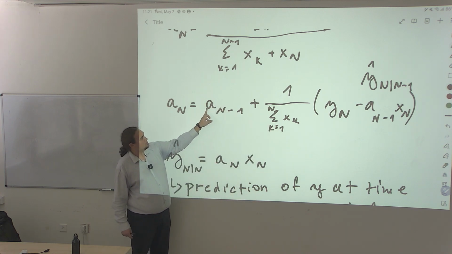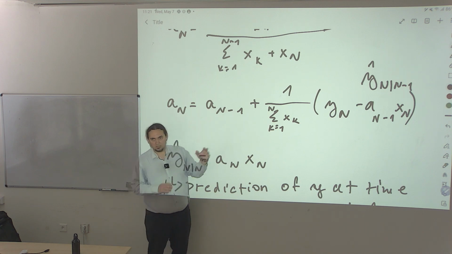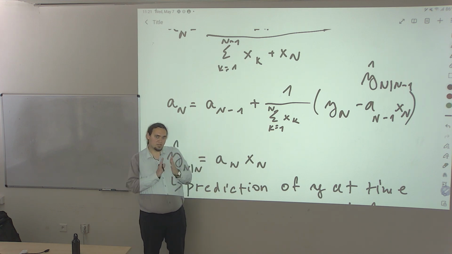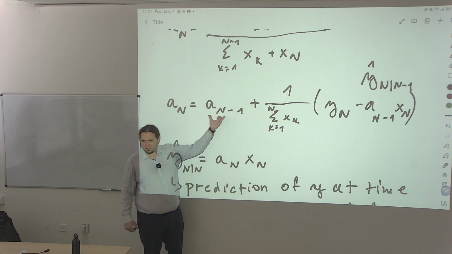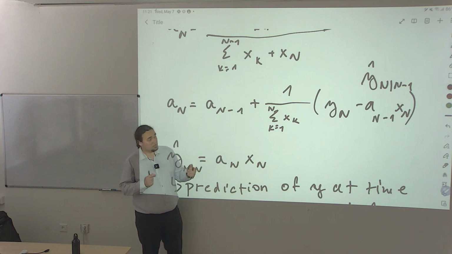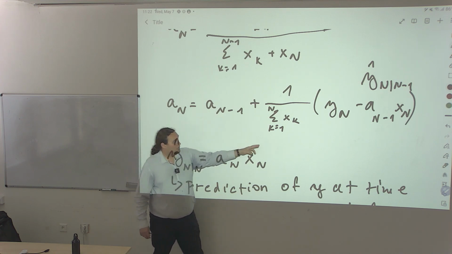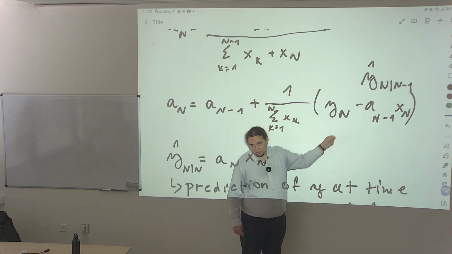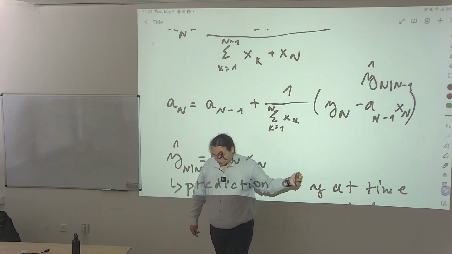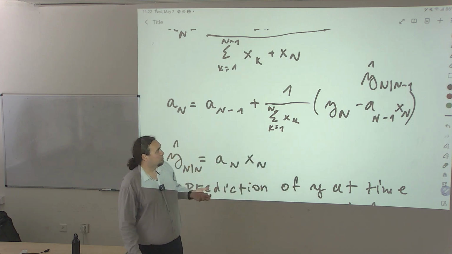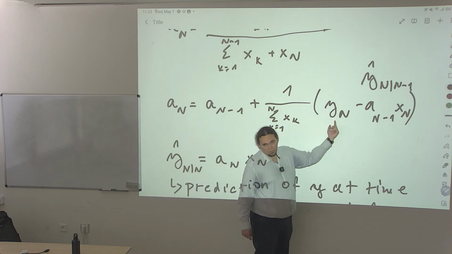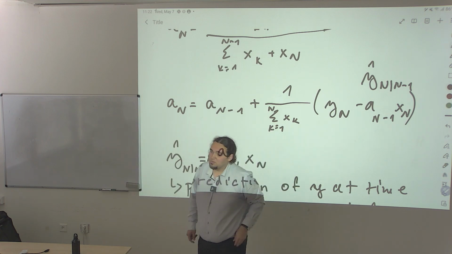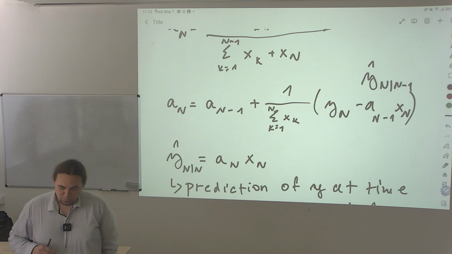The parameter an minus 1 already had the information of the n time points but one. So if n is large, then it's a lot of information. We don't want this information to get lost just by one measurement, where there might possibly even be some noise in this output.